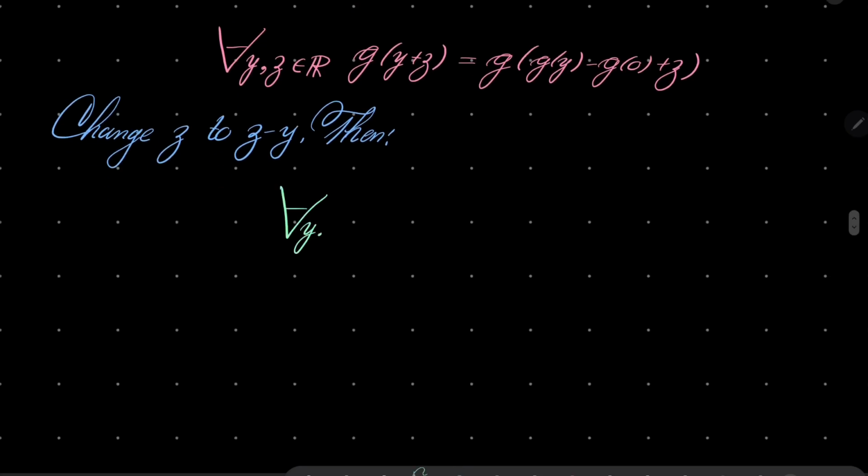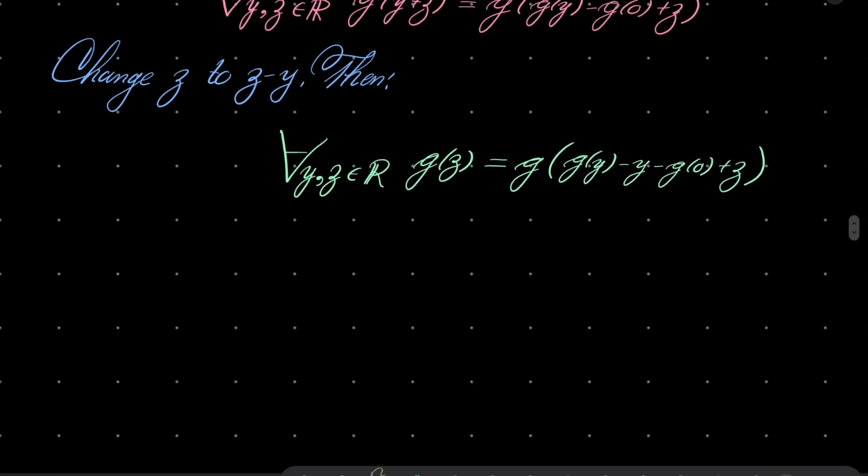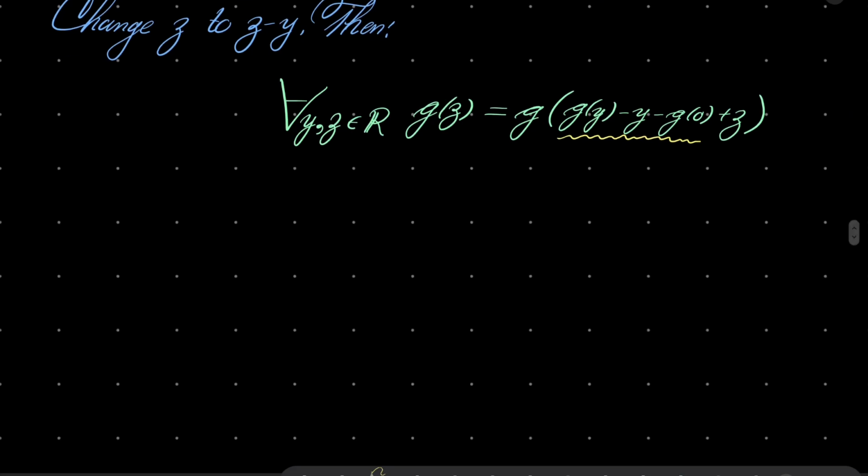For every real numbers y and z, g(z) equals g(y minus g(0) + z). All right. And now we have two options. Let's concentrate on this expression right here. Either it is 0 for every real number y, or it is not. So we have two cases.